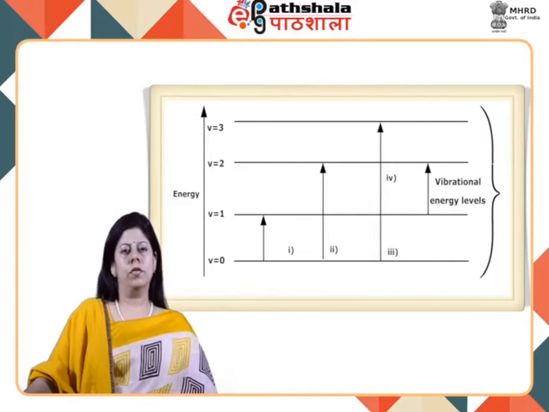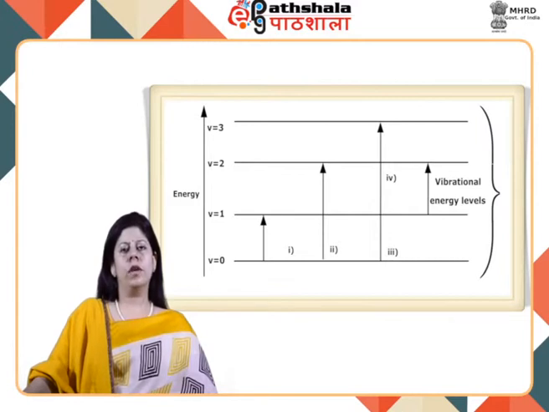As a result of this anharmonic motion, there is a relaxation in the selection rule, that is, delta V equals plus or minus 1, and some weak absorption bands are also observed due to transitions involving delta V equals plus or minus 2 or delta V equals plus or minus 3. These are called overtone bands.